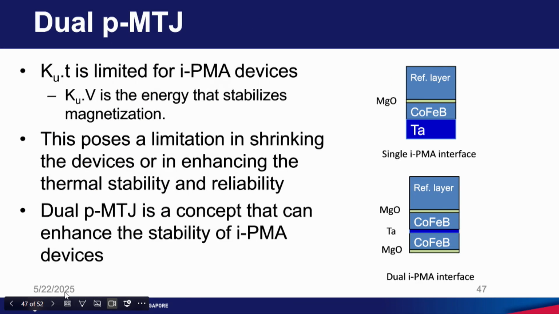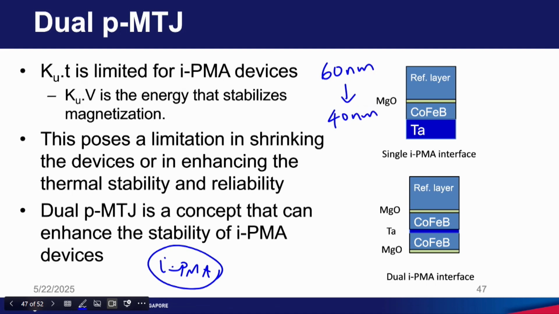Okay, so now let's move on to the next design. So first design is IPMA. So we have interface PMA. Okay, people are not happy with what they have, right? So from 60 nanometer in plane MRAM, you can bring down to 40 nanometer MRAM based on the interface PMA concept.